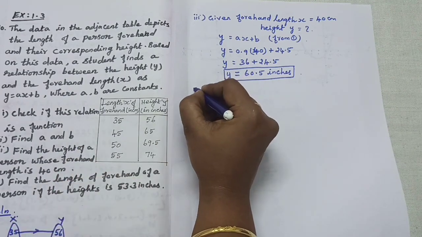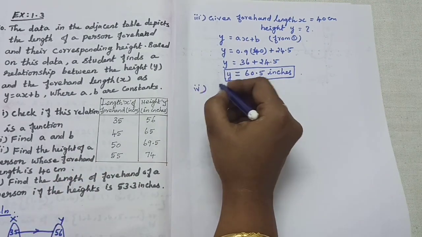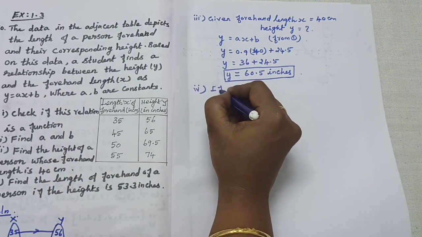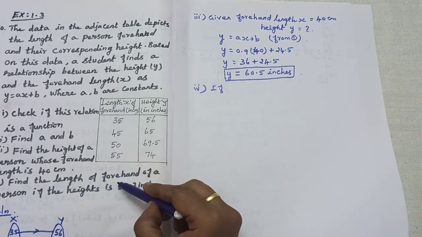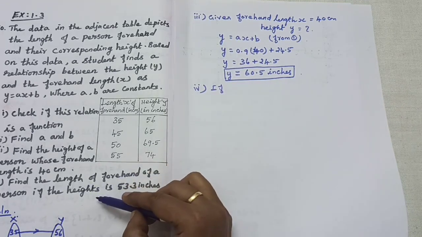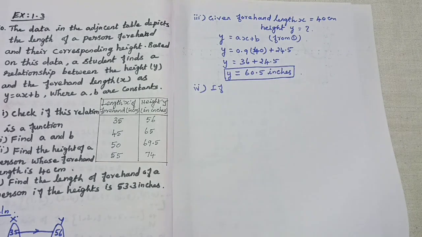Then the fourth one: find the length of the forehand of a person, if the height is 53.3 inches.